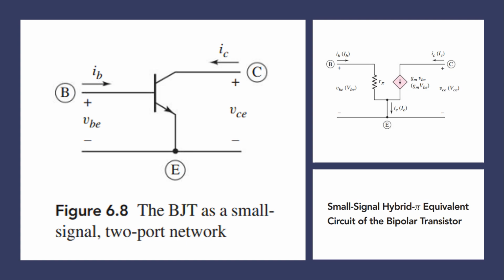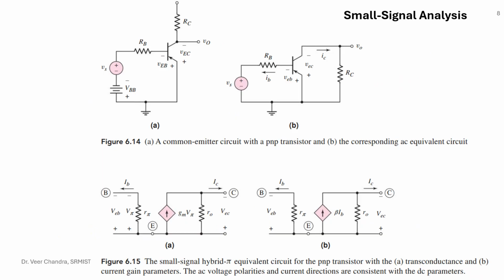If you check carefully, your VBE terminal is simply replaced by the resistor R pi, and your collector terminal is replaced by a current source of gm VBE. Also, you can connect an RO in parallel to this current source. The RO may be a very high resistance, so you can neglect it, but you may connect it. So this is the equivalent circuit of your BJT.